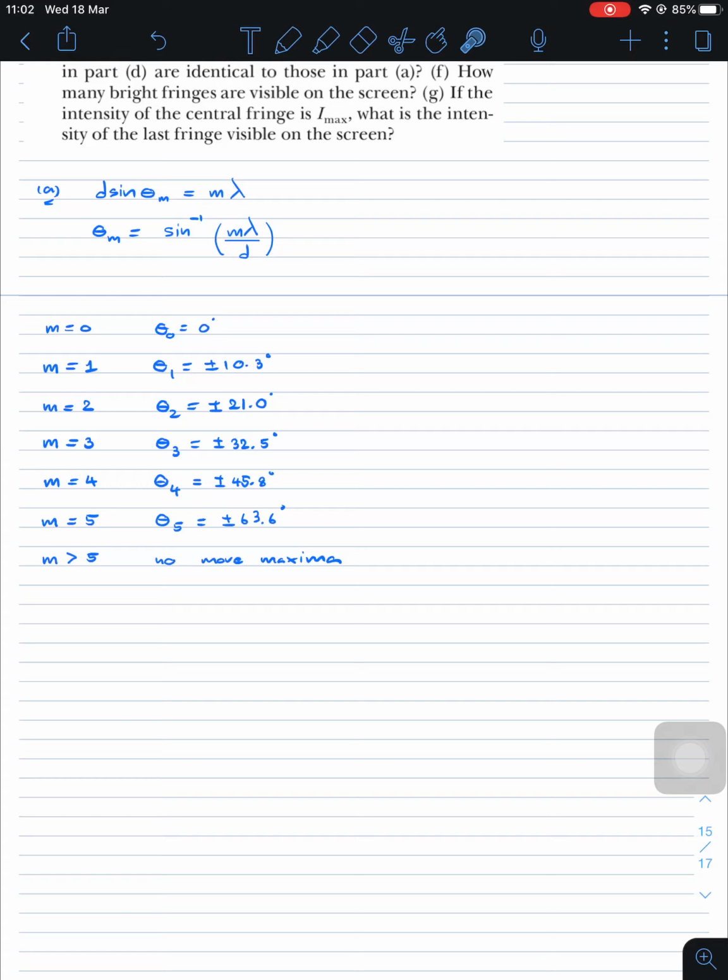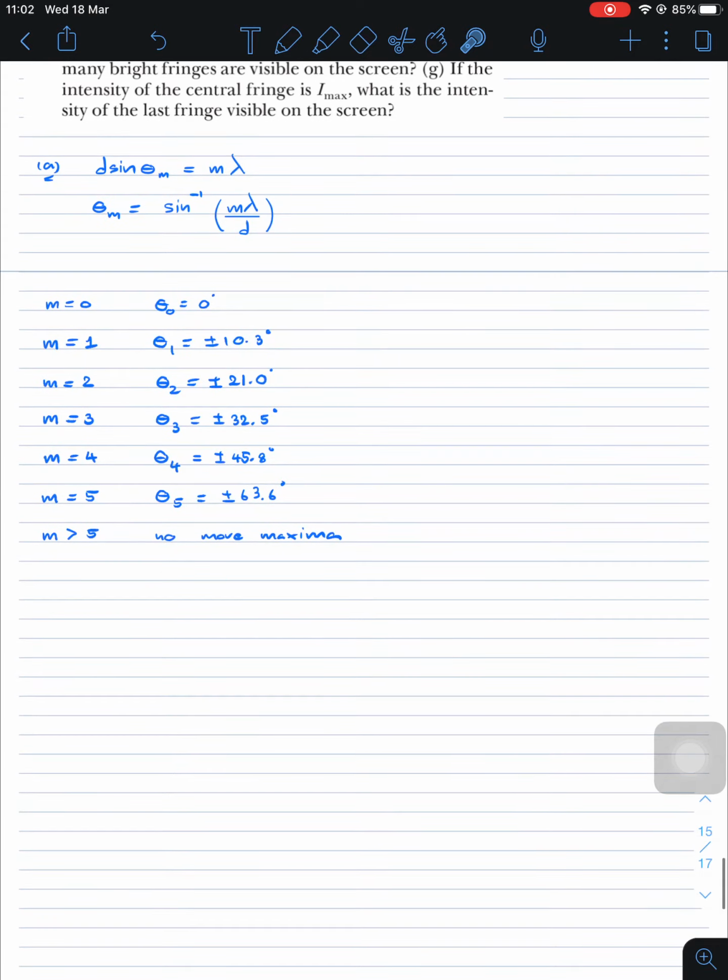If you plug in m equal to 6, this term will be greater than 1, but sine theta should be less than 1, so there is no solution for theta m.